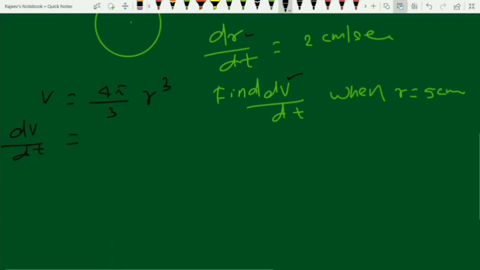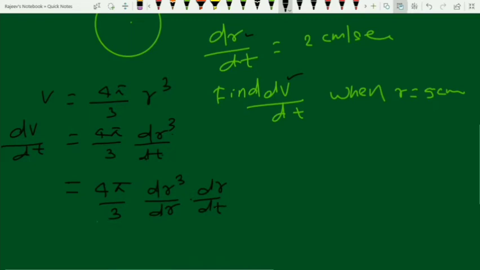So this becomes dv by dt equals 4 pi by 3 times d(r cube) by dt. Now this is r and here t, so this is not possible directly. We have to apply chain rule once again. So this becomes 4 pi by 3 times d(r cube) by dr into dr by dt.